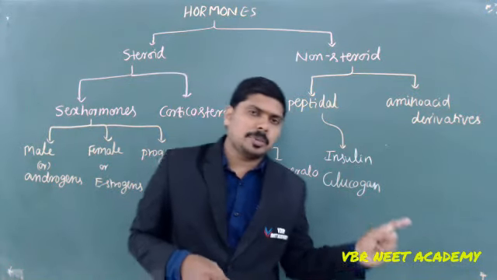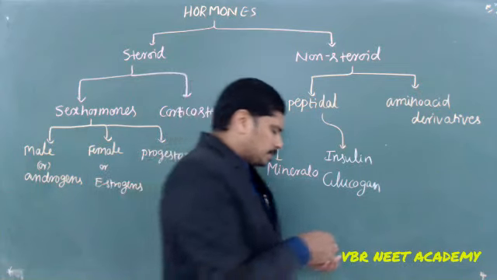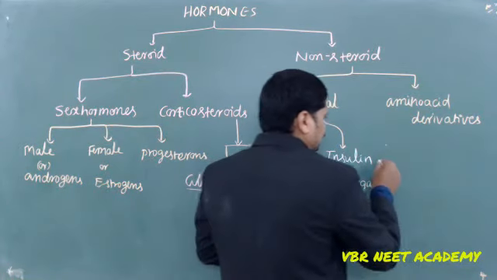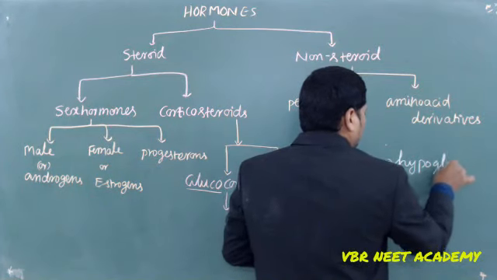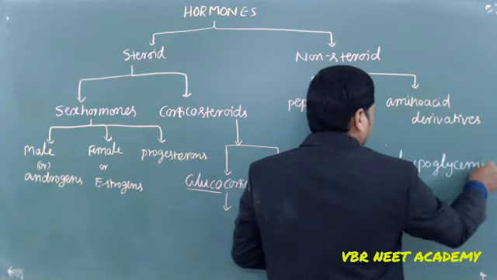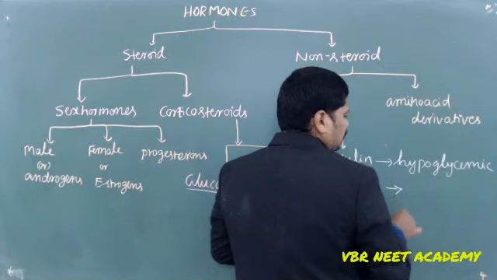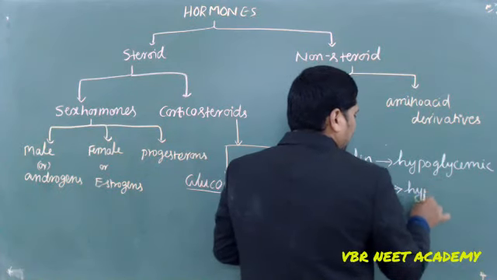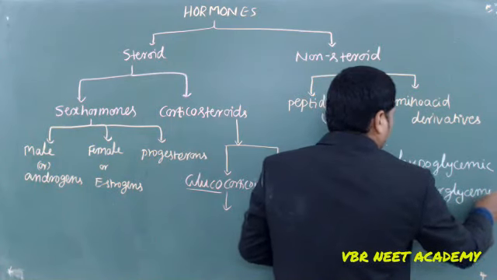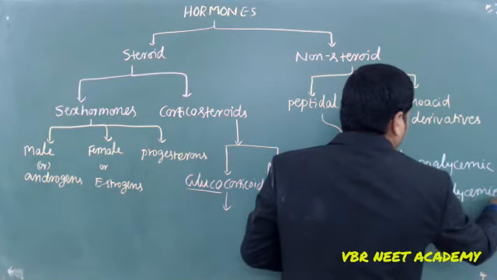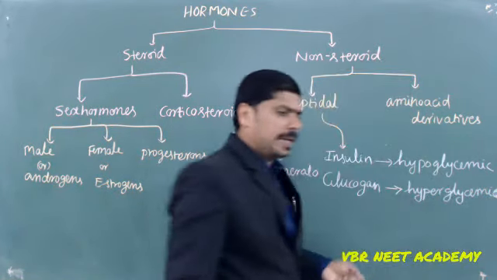This insulin hormone is called hypoglycemic. The overall effect is a hypoglycemic effect, whereas glucagon shows a hyperglycemic effect. Glycemia means the glucose level in blood.